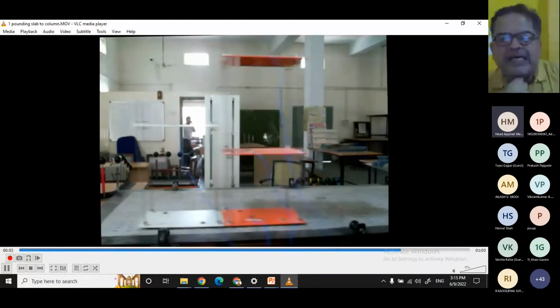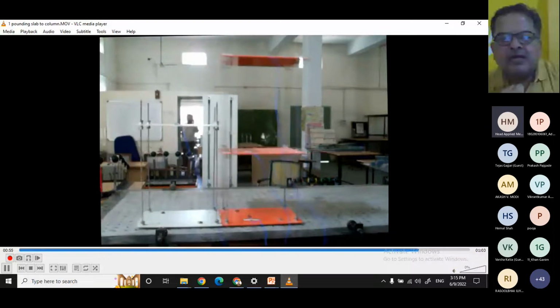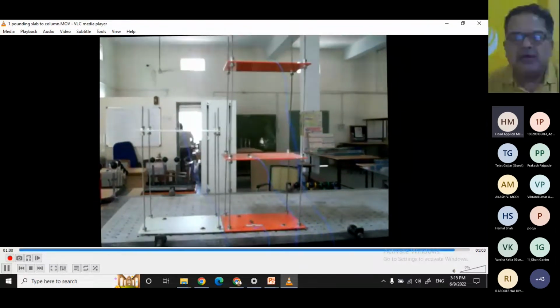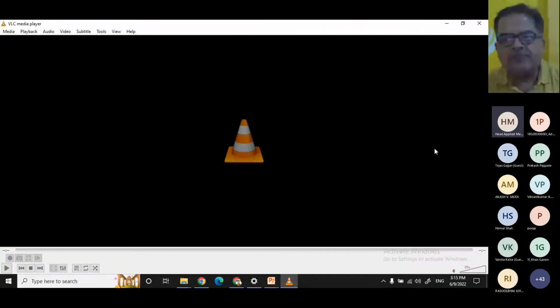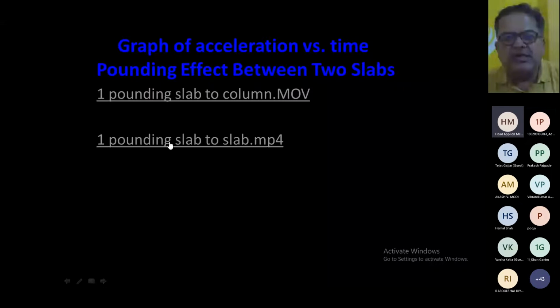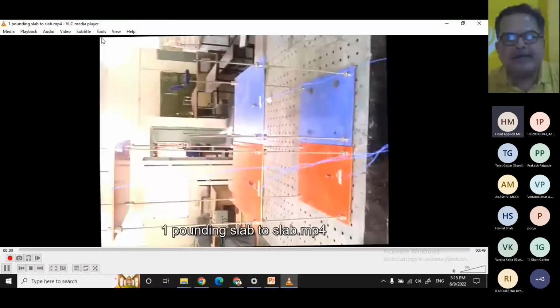And we know that when impact takes place, the value of the load will be twice as compared to the gradually applied load, right? We can see the pounding of slab to slab.